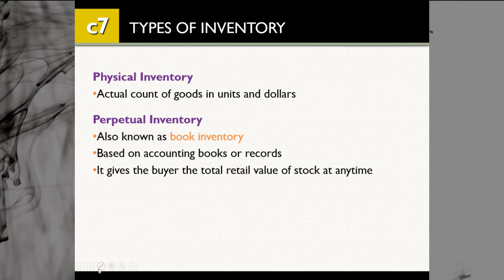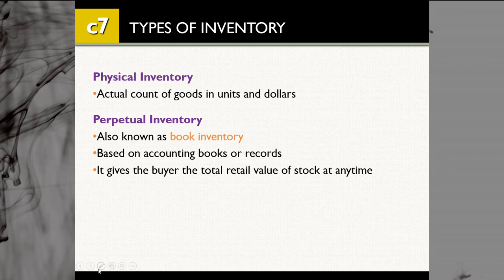Compared to physical inventory, which you have to do physically and is hard to check anytime, this helps you. Your perpetual inventory will help you check day-to-day merchandise movement, and you can also keep a quick record of your merchandise.